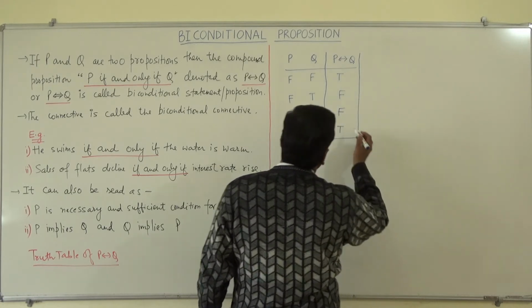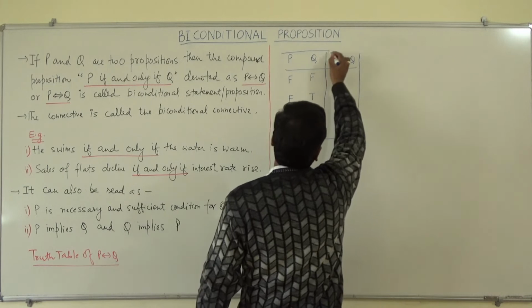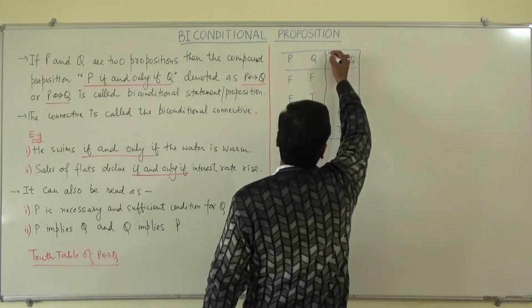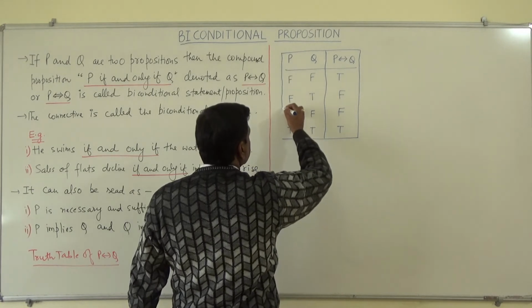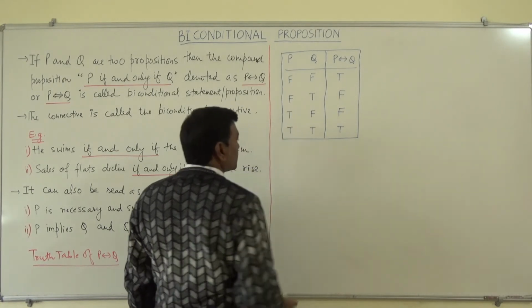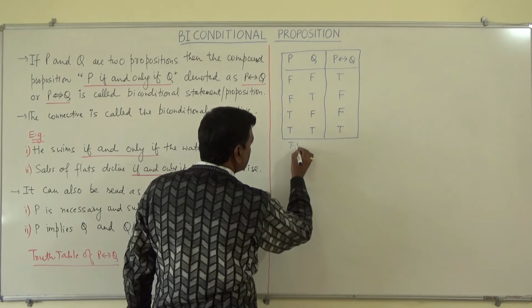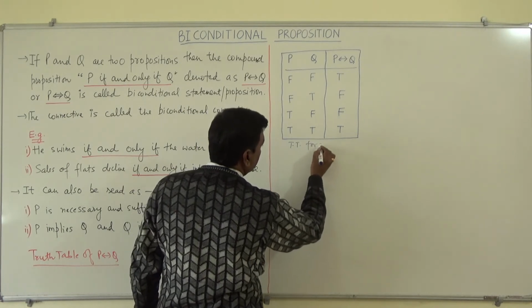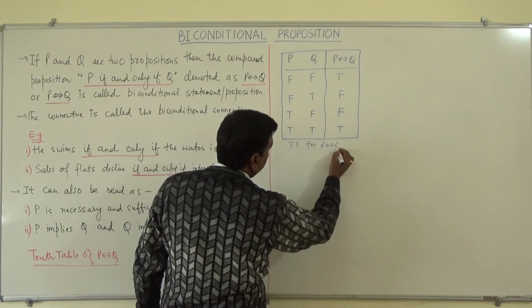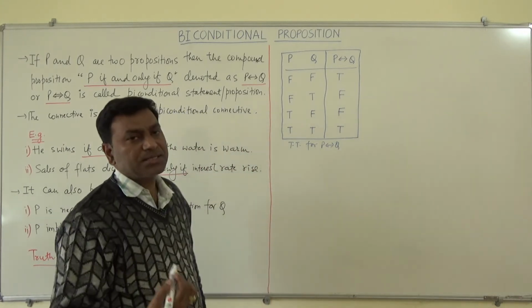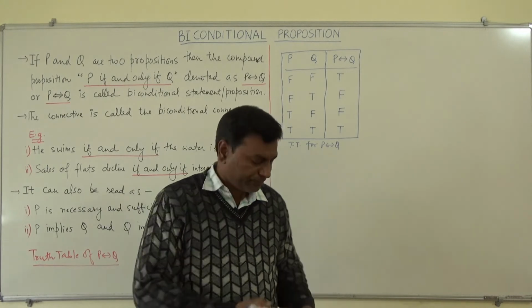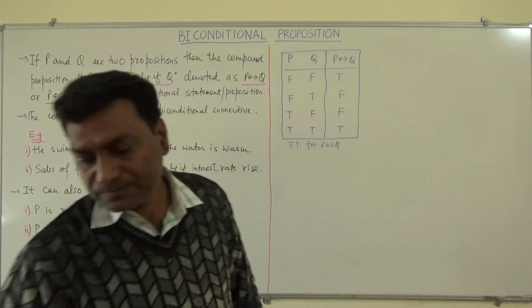So this is the truth table of the biconditional statement, the truth table for P biconditional Q. Now let us see one example.